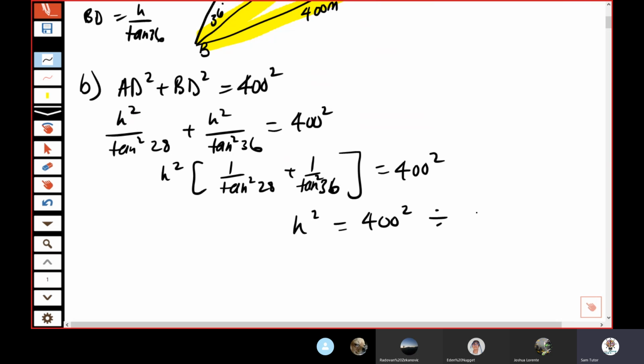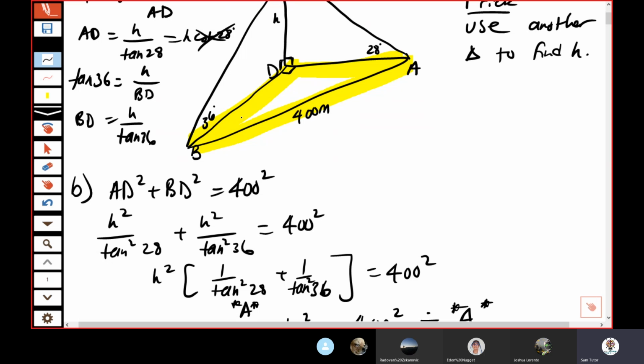Just to make it look a little better, because who's bothered rewriting all of that out, this is A. So 400 squared divided by all of this, and then obviously you just square root it. And we're going to try to do that in our calculator. But see how I found H? I found the height by using a different triangle.